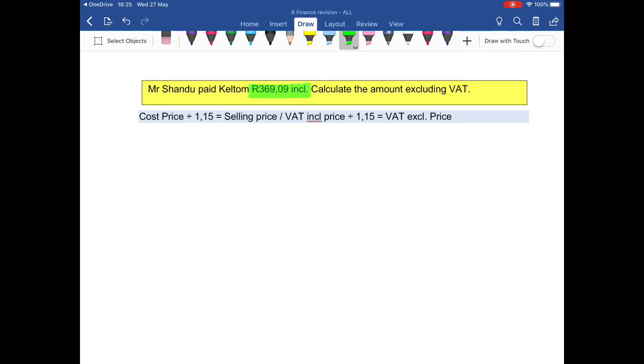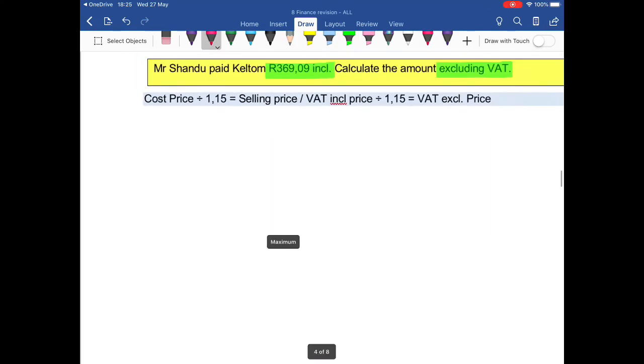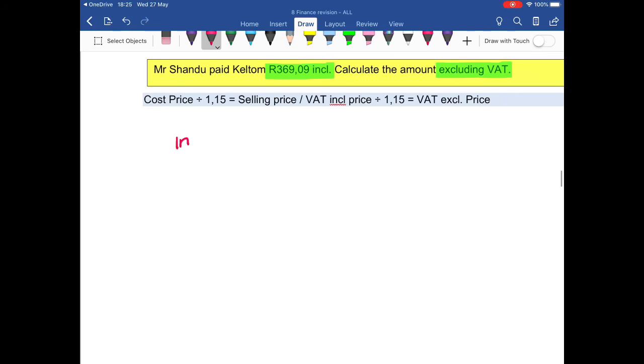This price includes VAT. We want to find the excluding VAT price. A good idea is to have your price excluding, and you're going to have your price including. Good idea to learn this little diagram.